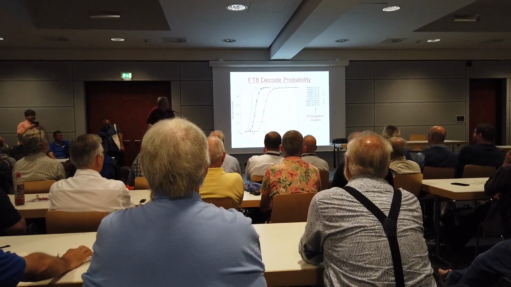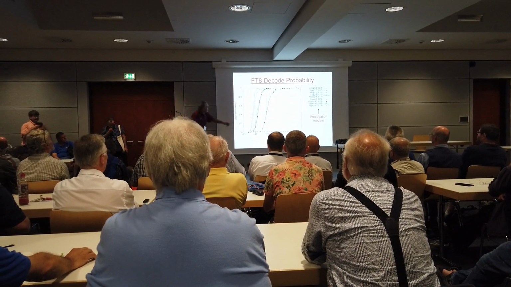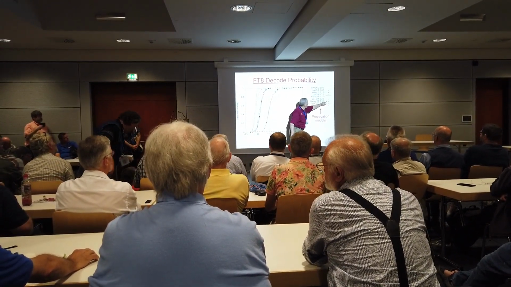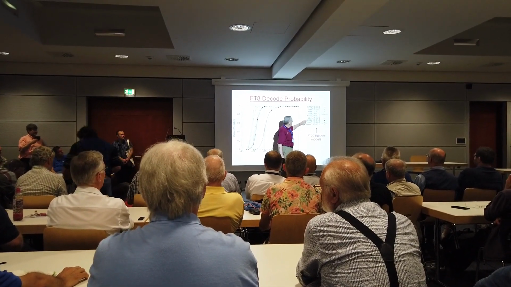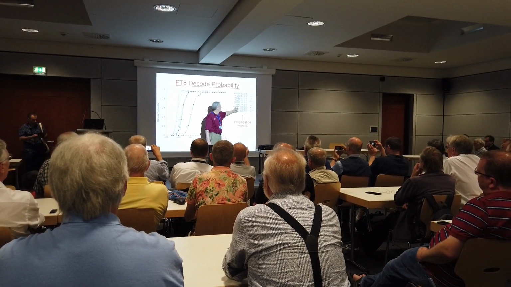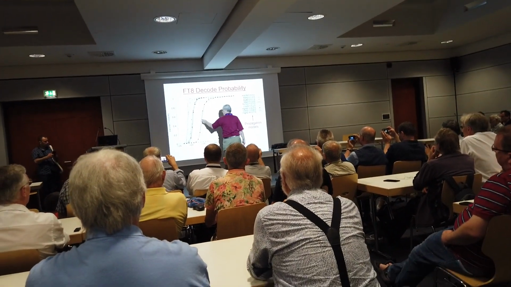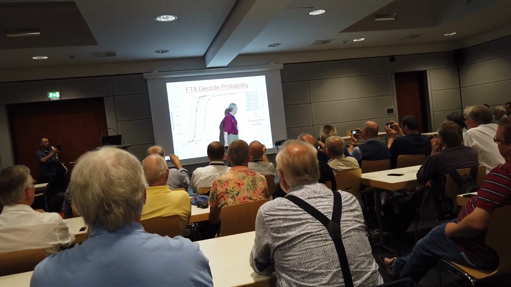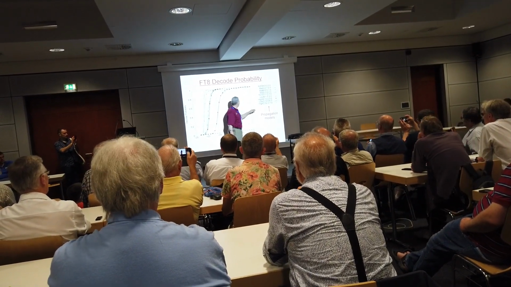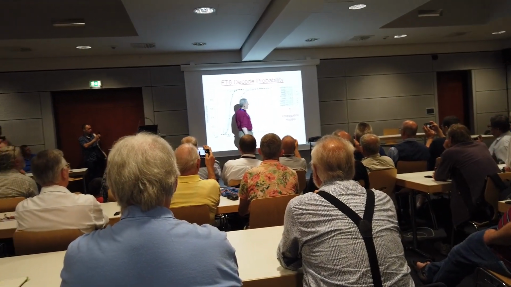For example, these two curves correspond to this one and this one. High latitude, moderate conditions. We get down to this limit, around minus 15 dB. Low latitude, disturbed conditions are roughly the same.